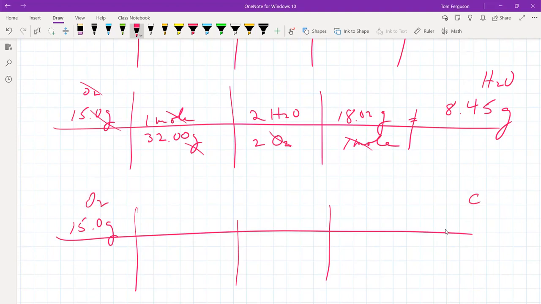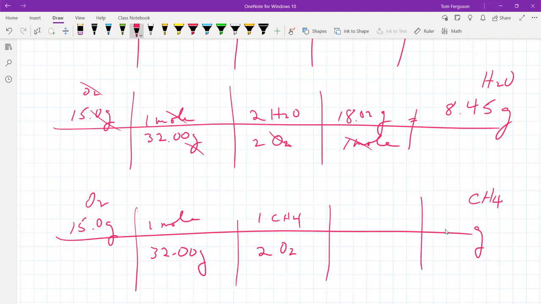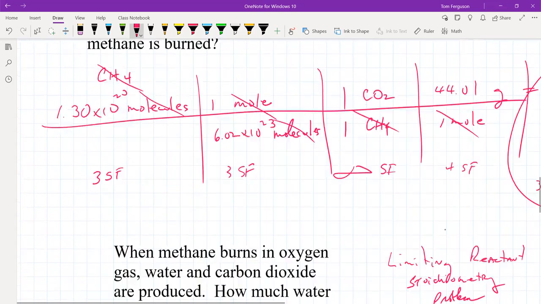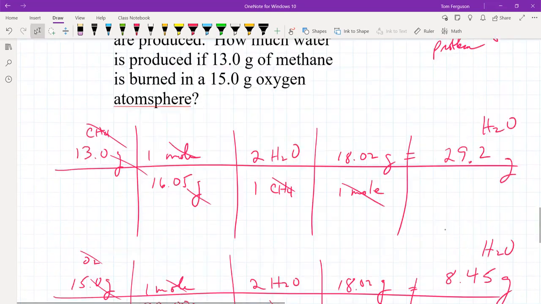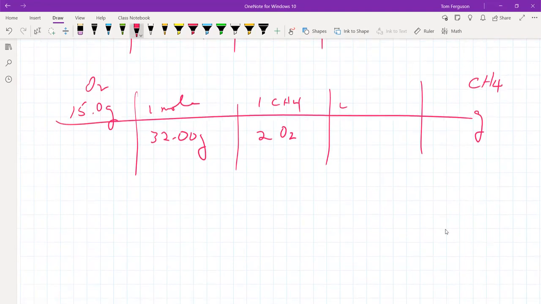That means we're looking for grams of methane. So it's going to be the same setup. And methane was 44, wasn't it? Yeah, 44.01. Now this calculation will tell us how much methane is used. Of the 29, how much are we going to use? How much of the 13 are we going to use?